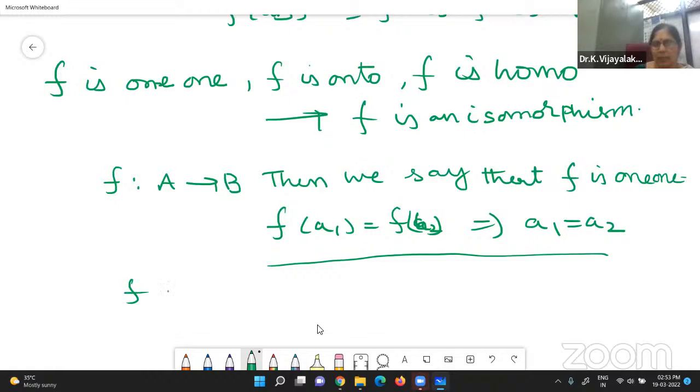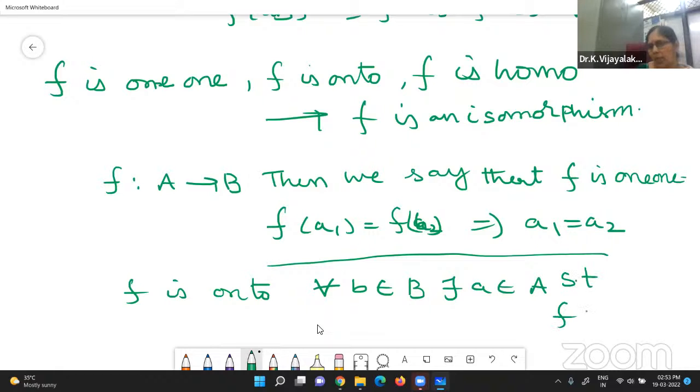And we say that the function f is onto if for every b belongs to B, there exists a belongs to A such that f of a equal to b. That means corresponding to every element in the range, you can find a preimage in the domain.